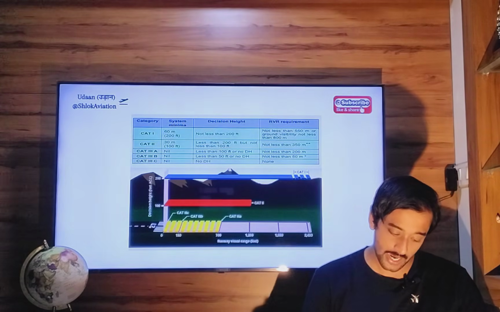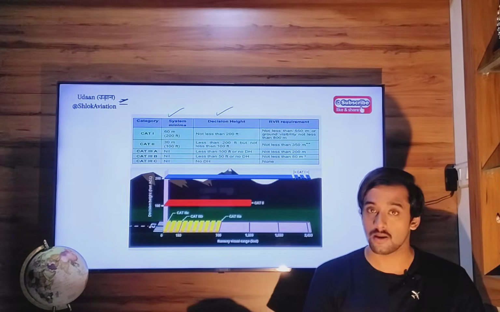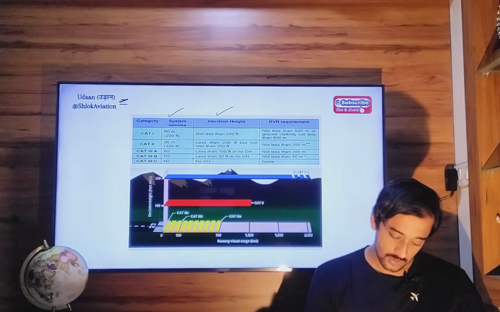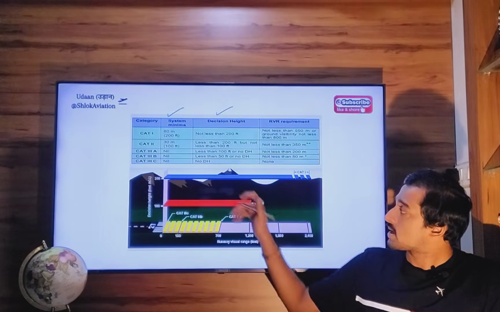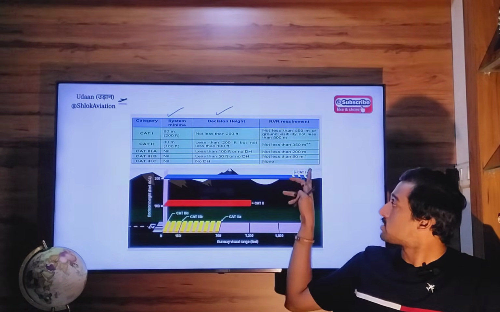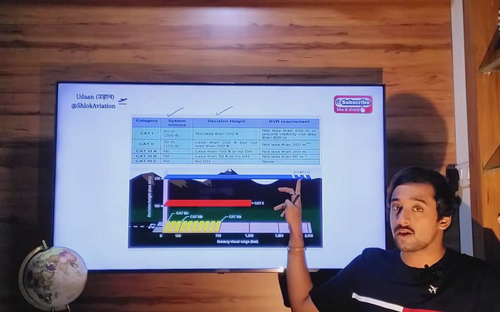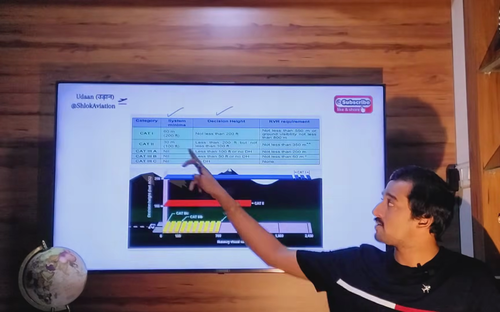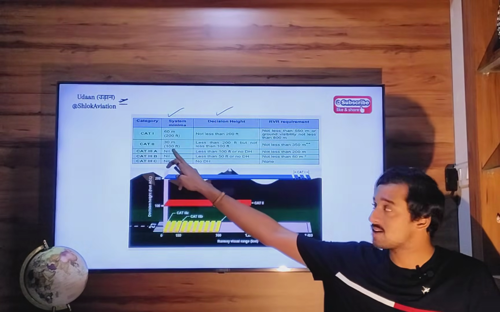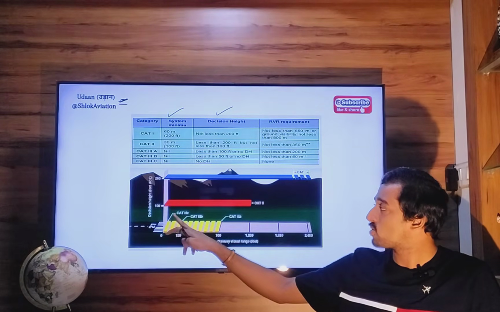So this is your Cat 1. You have to remember the decision height and this minima, the minimum visibility. Next, look at this diagram. Cat 1 starts from here. The visibility requirement for Cat 1 is much more than for Cat 2. For Cat 2 it is just 100. For Cat 3 there is no visibility requirement, so here they have not shown any.